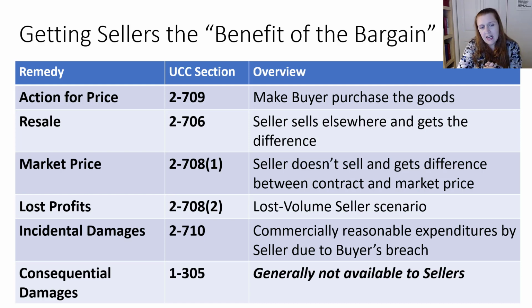Finally, the next big type of direct damages, after action for price, resale, and market price, the last big type of direct damages that sellers can get are lost profits. And we're going to talk about that in the context of advanced sellers remedies, the lost volume seller scenario.